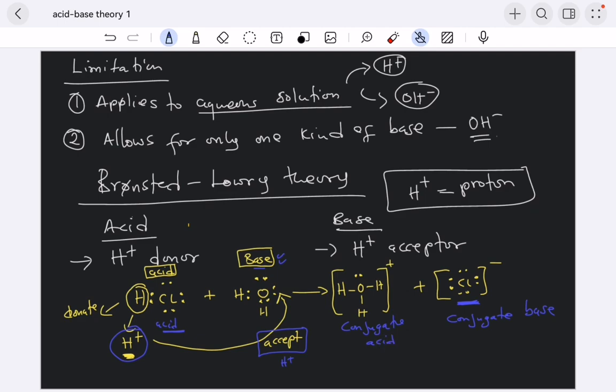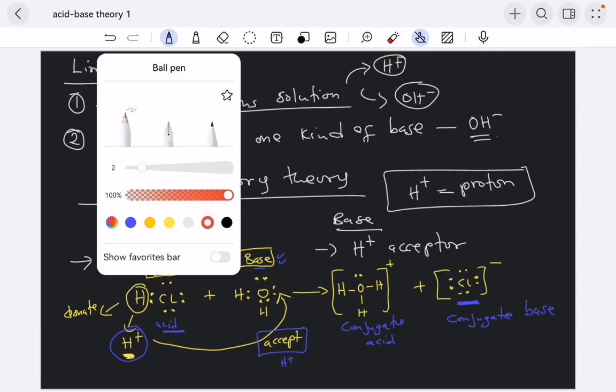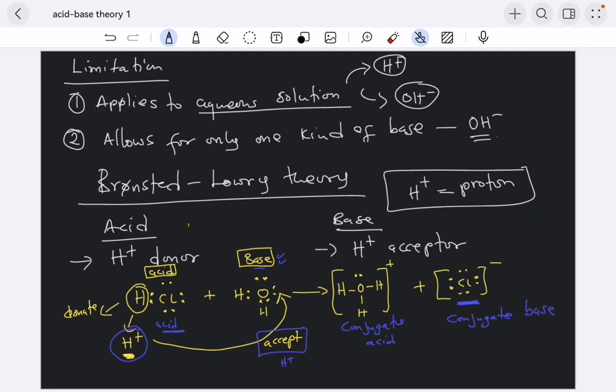So Bronsted-Lowry theory leads to what we call conjugate acid-base pairs. So the acid, when it loses its proton, becomes a conjugate base.